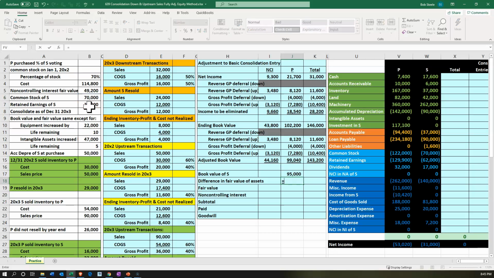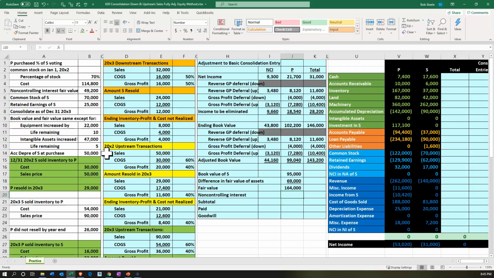Then we said that there was a difference between the fair value and the book value at the point in time of purchase of the equipment of 22,000 and the intangible assets of 47,000. So it was 69,000 higher. Therefore, the fair value at the point in time of purchase 2 years ago, 2000x2, was 164,000.